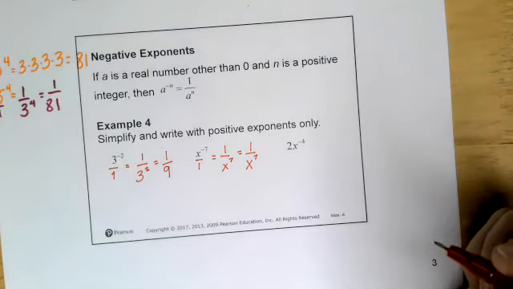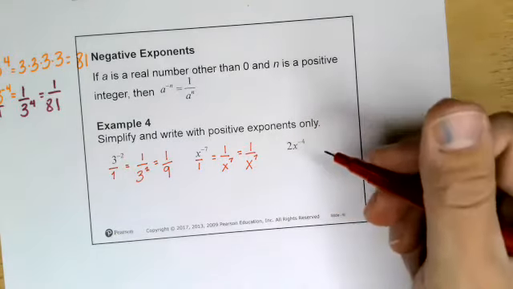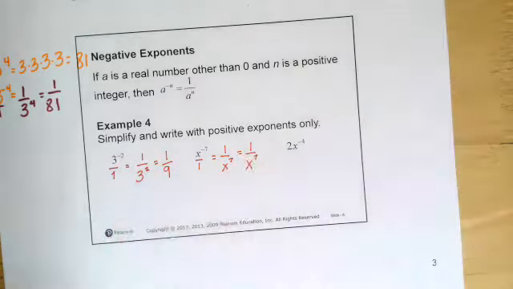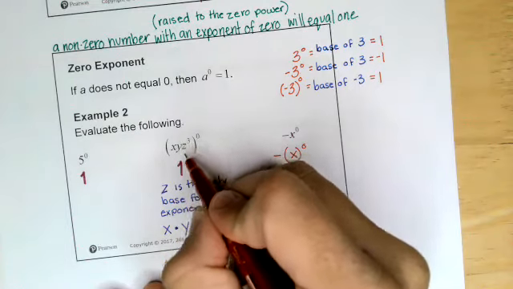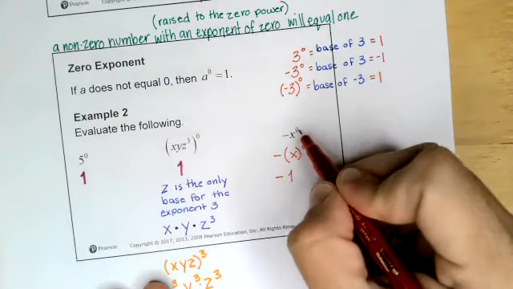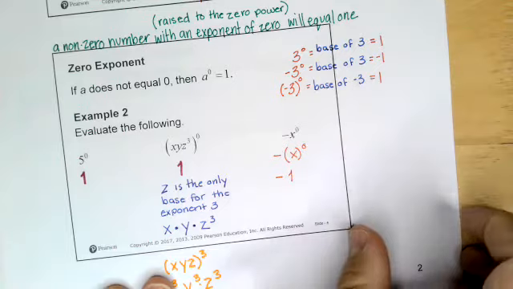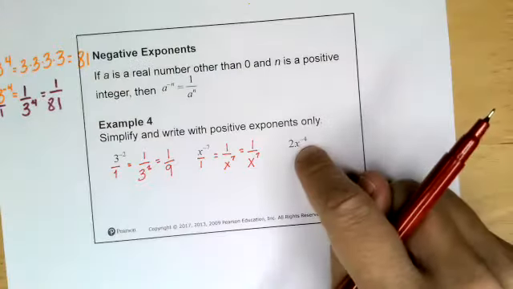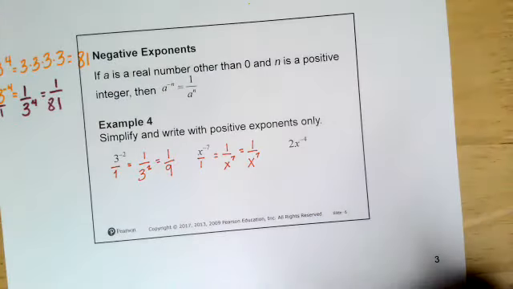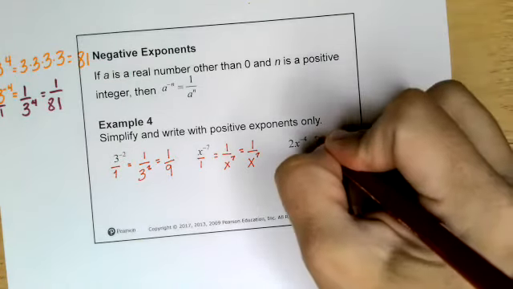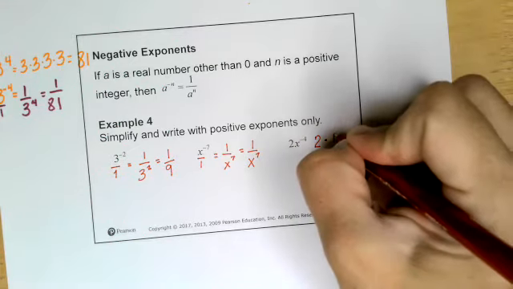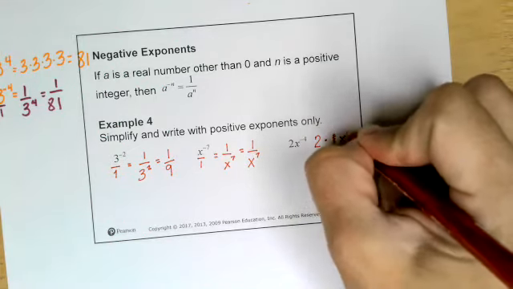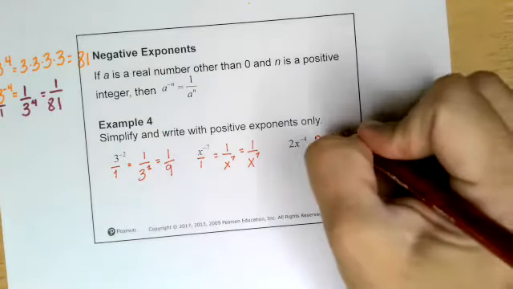All right. Here, just like we talked about on this one, the exponent is only with the closest term. So the negative 4 is only with the x, okay? So now I have, let's separate it out, 2 times x to the negative fourth.